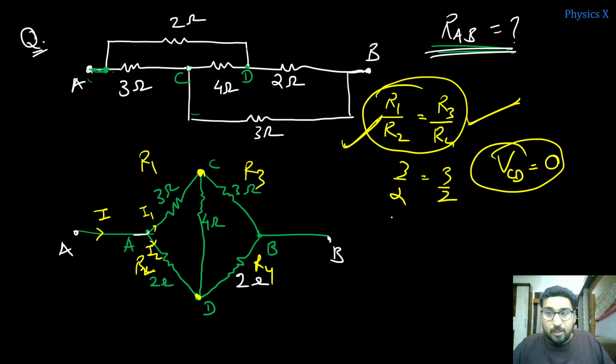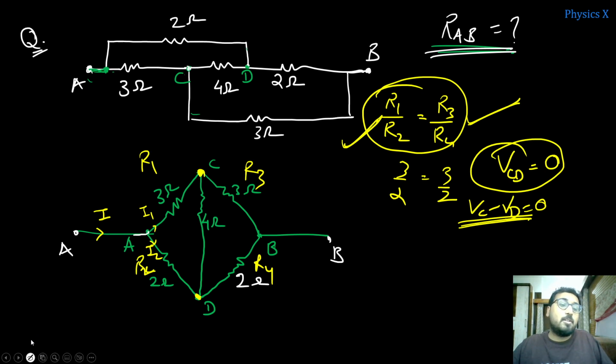That is, the potential difference Vc minus Vd will be equal to zero. And what I told you is that for a current to flow there must be a closed path, that is fine, and there must be a potential difference. But in this case there is not going to be a potential difference, so the current won't be flowing in this part.